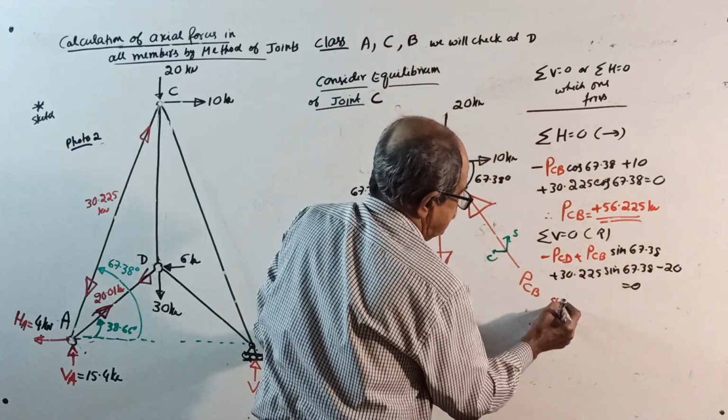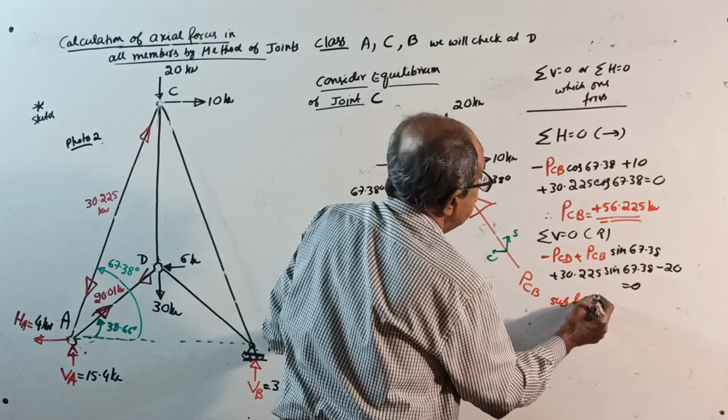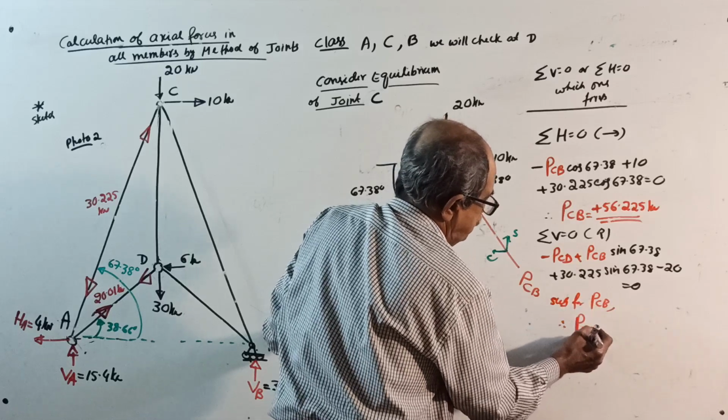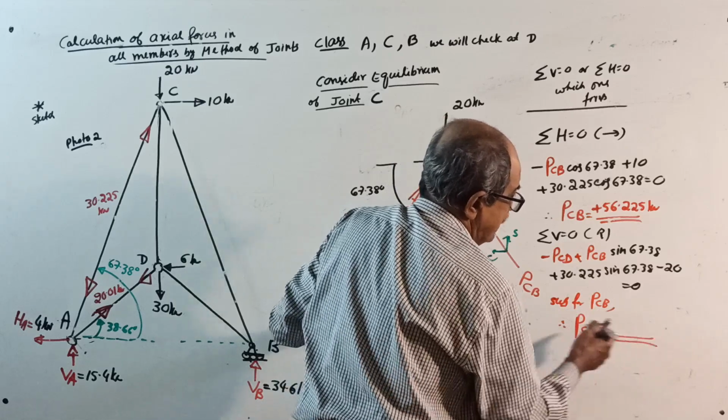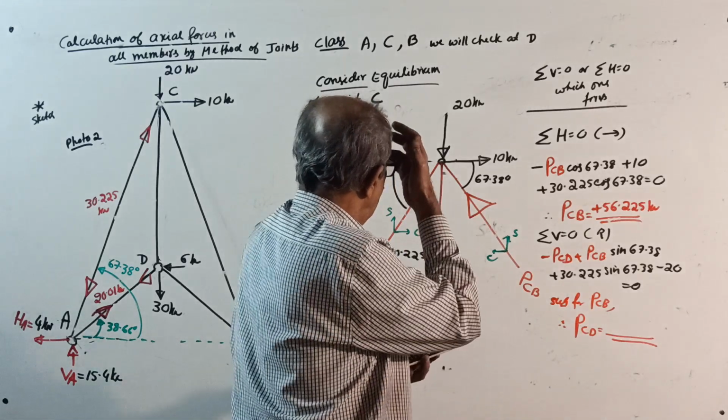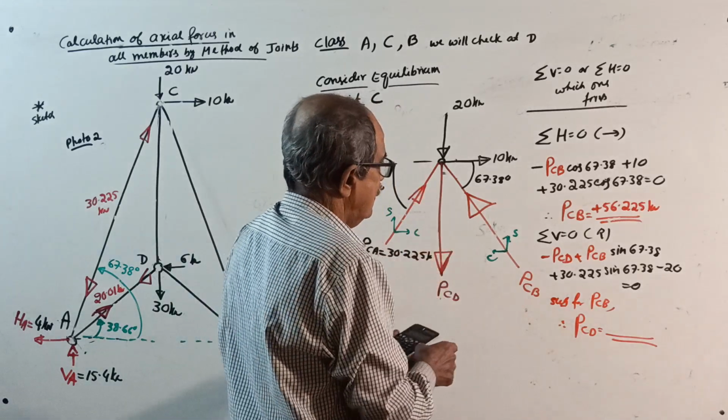What you do? Substitute for that PCB whatever you got. Therefore, you get the value of PCD. That high school mathematics, you should do it.